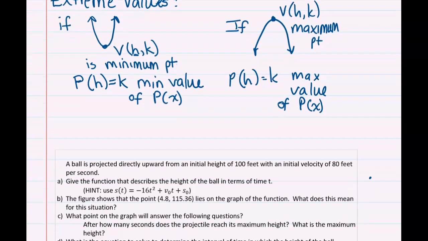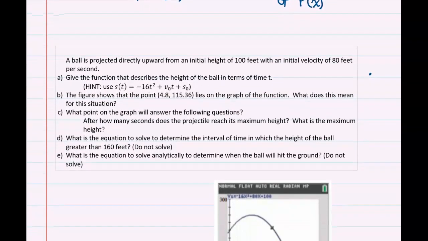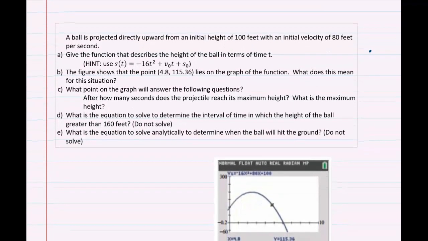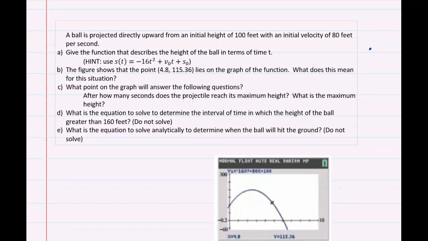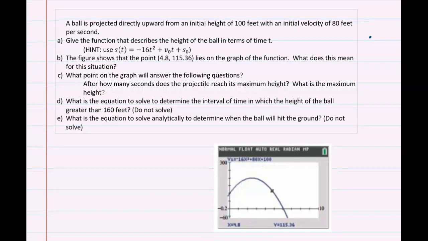I want to go down now and talk a little bit about using this information with certain examples here. So let's say we have a ball that is projected directly upward from an initial height of 100 feet with an initial velocity of 80 feet per second. We can use that information and stick it into this physics equation.